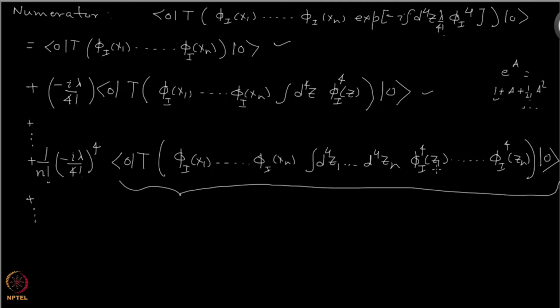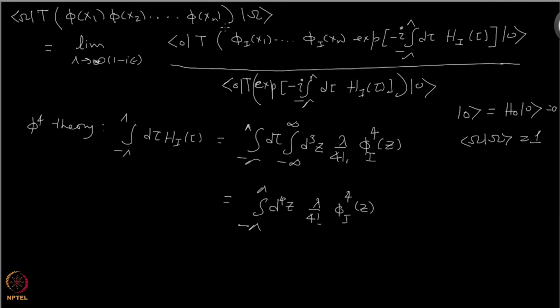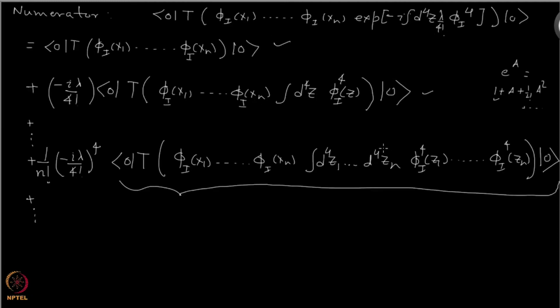The z is not something you choose. Look at this one: this is what we are calculating. x1, x2, xn are the ones which you choose, but you have no control over the z here, that's integrated over. Such points I will call internal points.